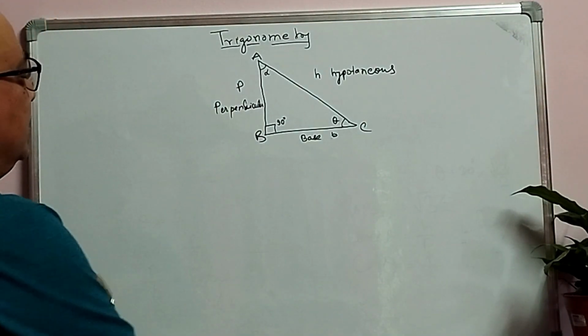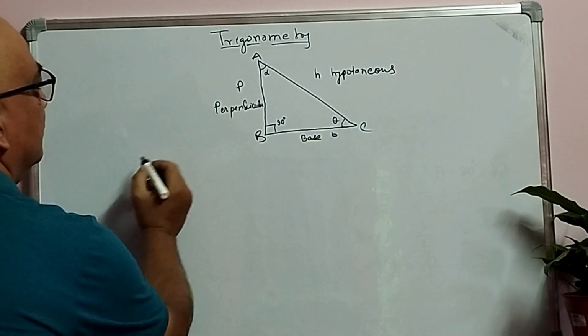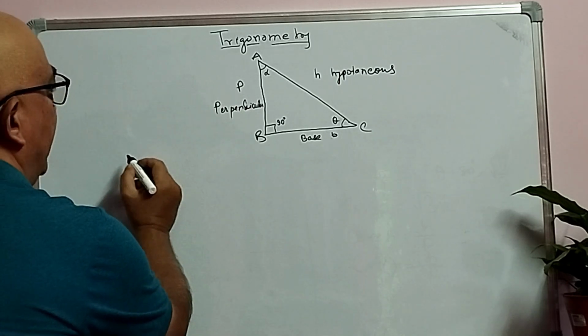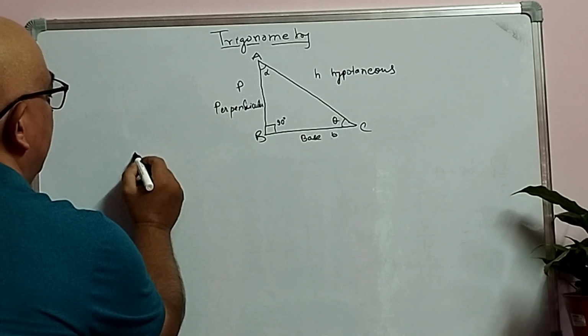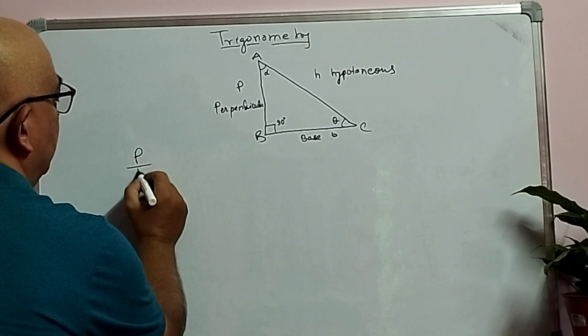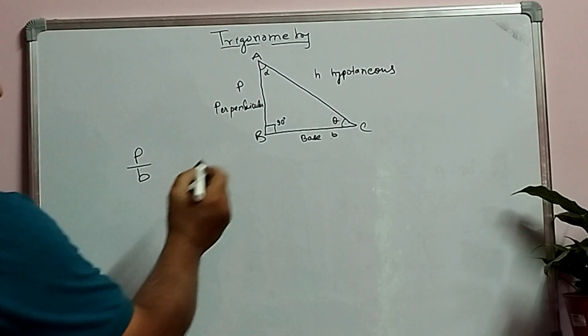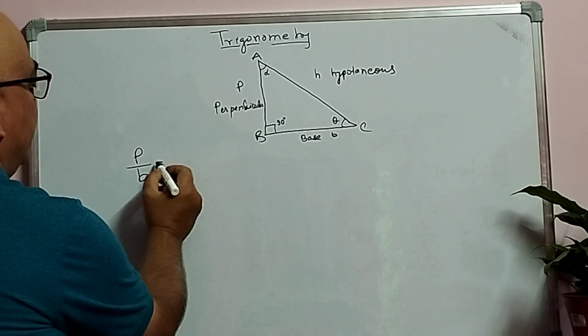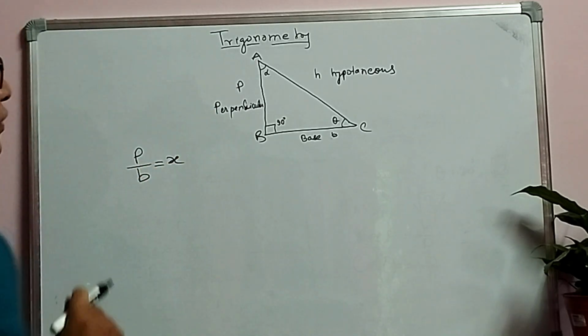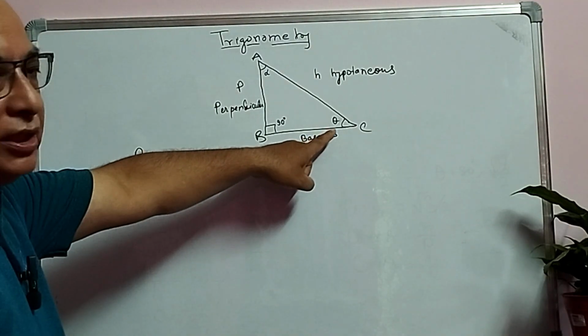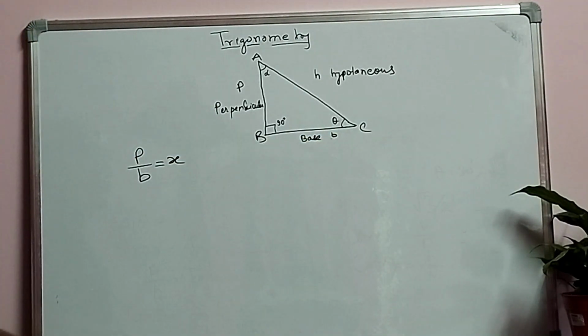Here, the ratio of P to B, say it is X for this angle of reference theta.